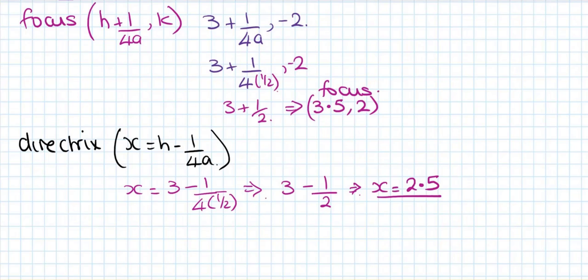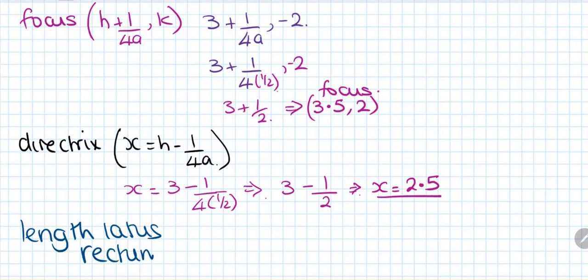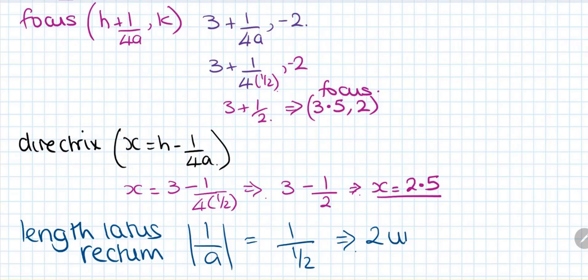So now we need to work out the length of the latus rectum. We're going to do this by using the absolute value of 1 divided by a. Our value of a is a half, so this is going to be 2 units.